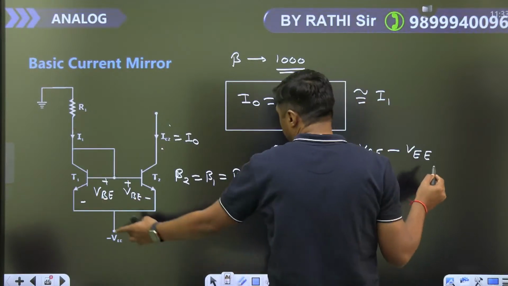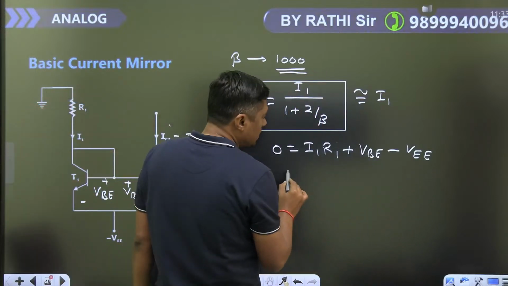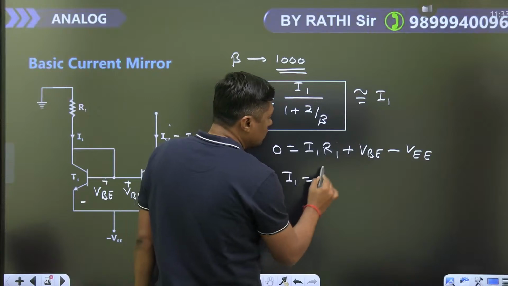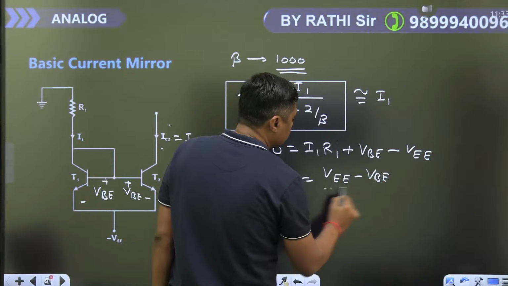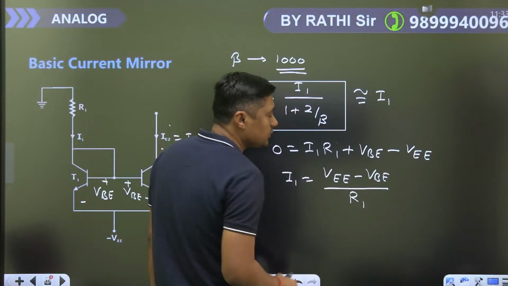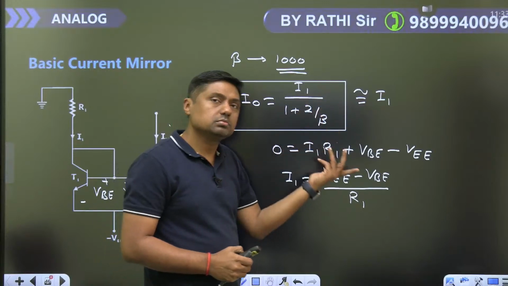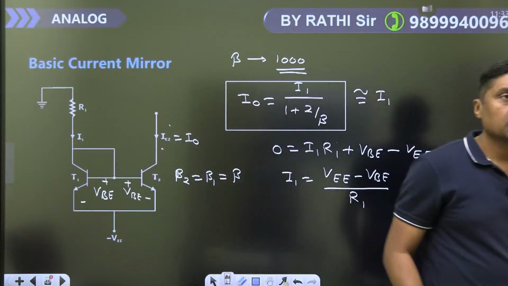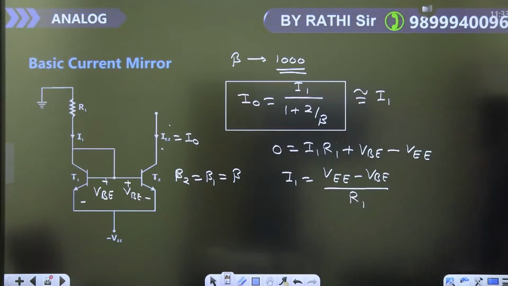Look, here a battery of -V is connected, and sometimes we have a battery connected here. So the value of I1 is equal to VEE minus VBE upon R1. Find the value of I1, and that is the value of I0. Simple current mirror circuit.